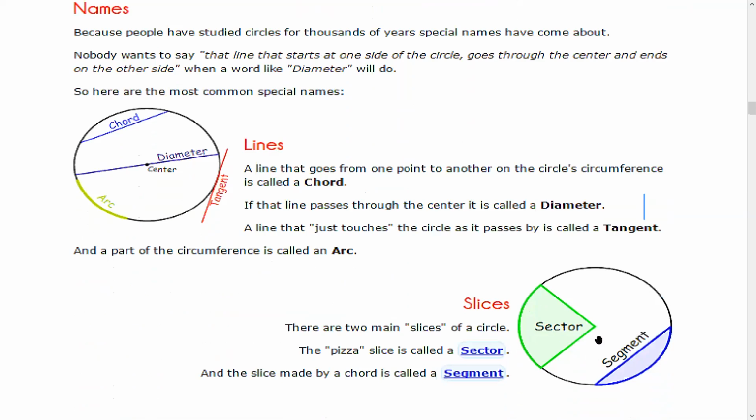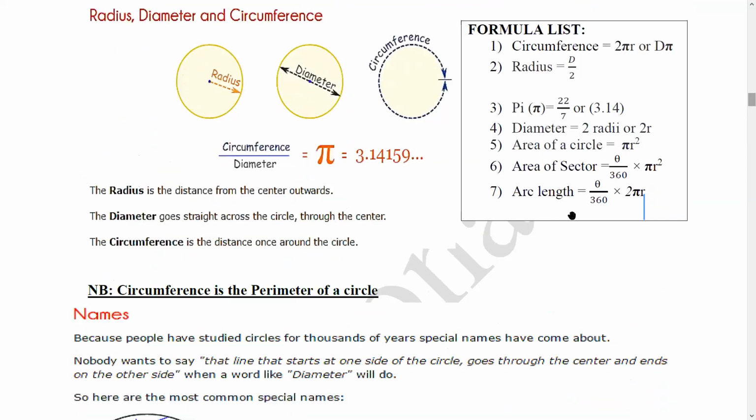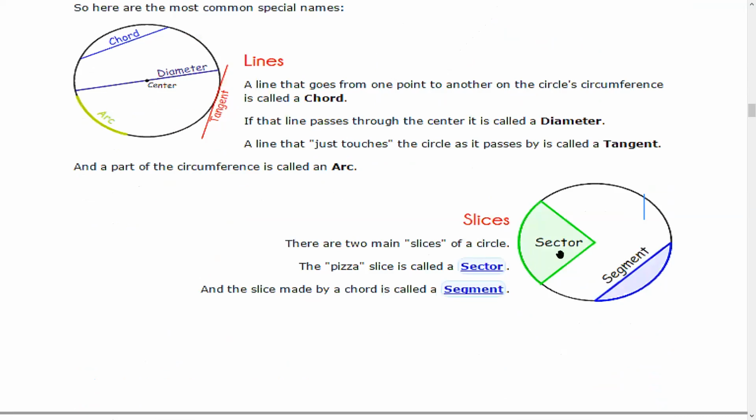A sector. Now remember, I was telling you all the area of a sector is theta over 360 by pi r squared, right? So this is a sector here. Now it looks like a pizza slice, so that's why it's referred to as a slice here. So let's just say this angle here is 60, and I ask us to find the area of the sector.